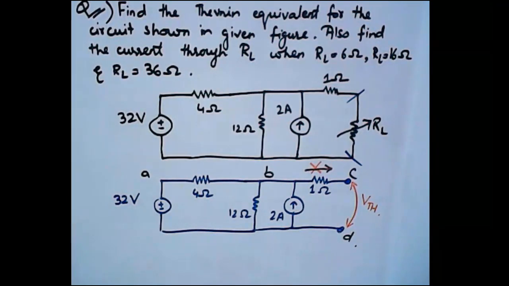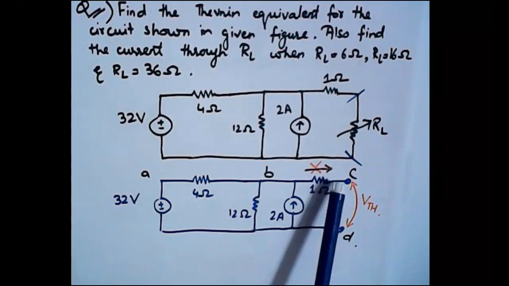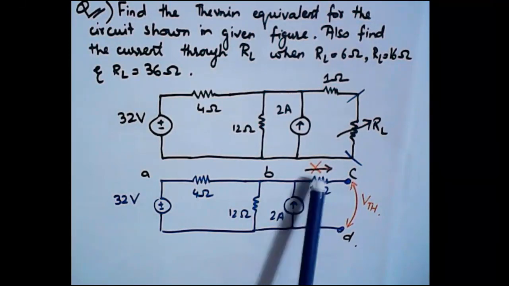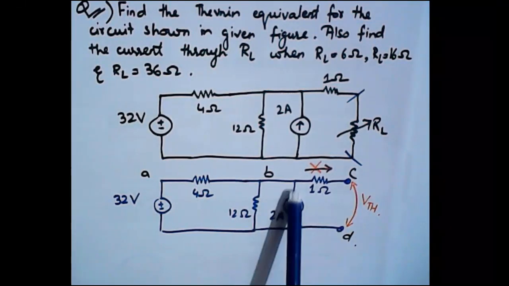And that is actually the Thevenin voltage, right? So now let's solve the circuit. There are different methods for solving the circuit. We can also solve the circuit using nodal analysis, perhaps, and that will be the easiest option because there is no node as node C. Why? Because these are the same nodes effectively, because there is no current through this resistance. So we do not need to consider this part, right?